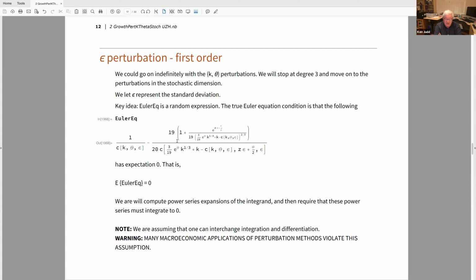Now, this is easy to violate, because suppose the random variable here is normal. Now, when epsilon is equal to 0, this whole thing is killed off. And so we just end up with k and theta, and then we solve out for some function with respect to k and theta inside a box which contains the dynamic process.